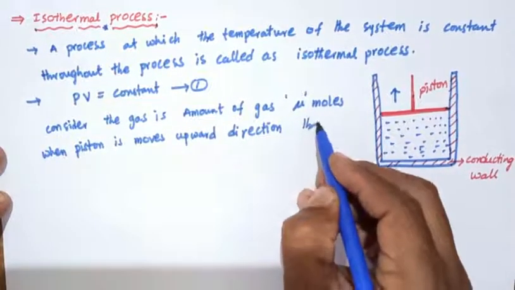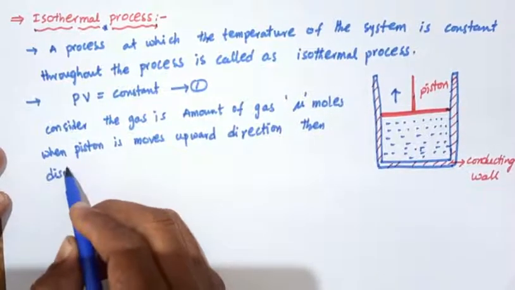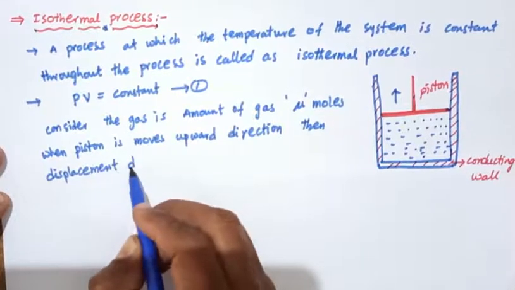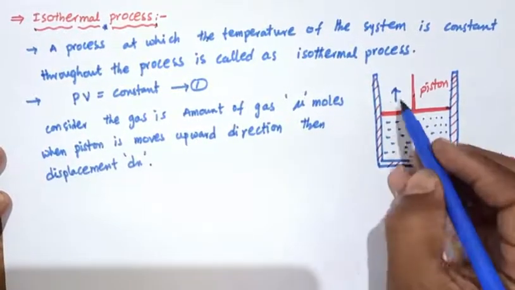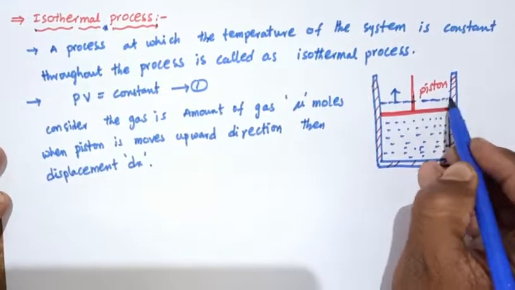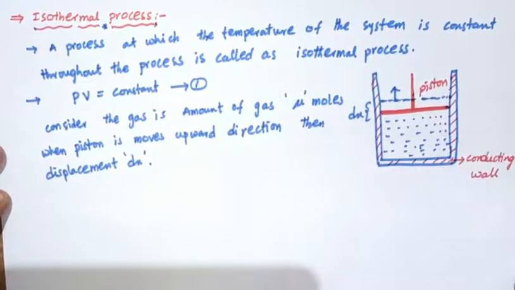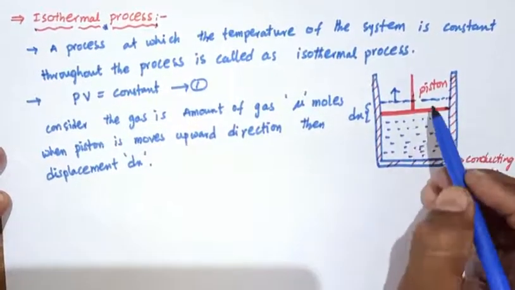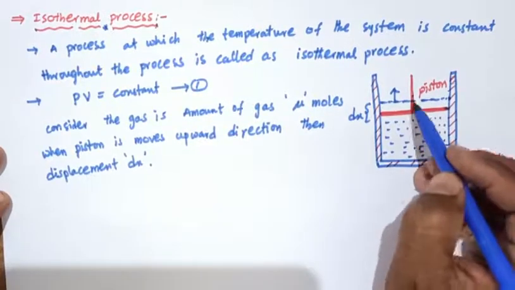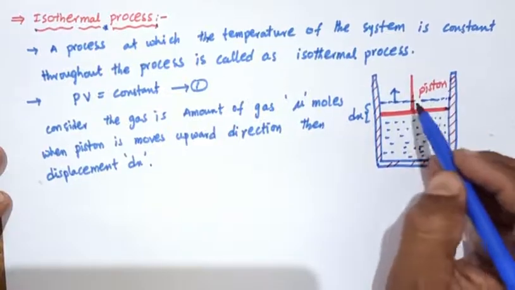so then displacement is dx. Okay, so for example, the piston moves some distance here, so the displacement is dx. Then when the force is applied to move upward, work is done.